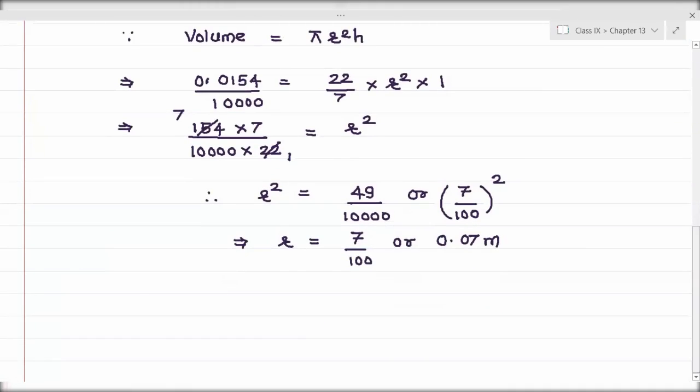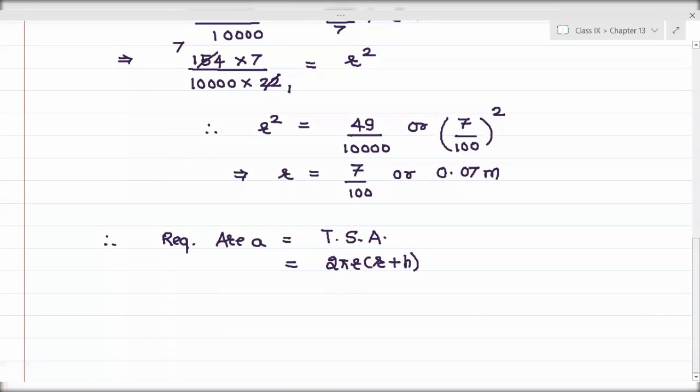So here we shall say, therefore required area is equal to total surface area, and the total surface area formula is 2 pi r into the bracket r plus h. Okay, so here now we just have to put up the values and solve it. That could be easily done. So I am leaving from here, only some closing calculations are remaining.